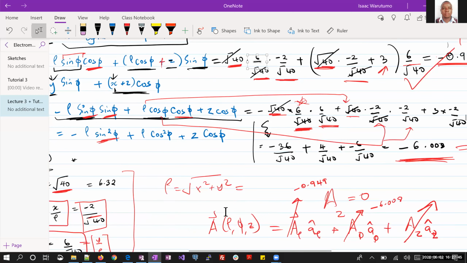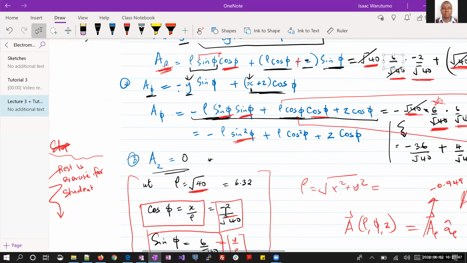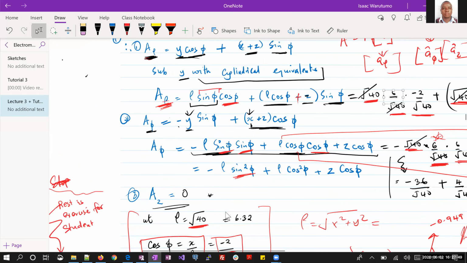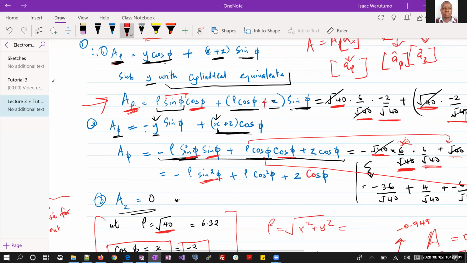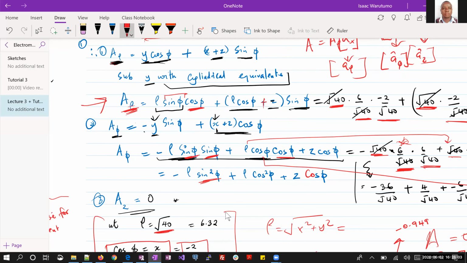I'll move very quickly. We have said that this is how we have developed this one, and I believe you don't have a problem there. I believe you don't have any question with regard to how we are doing this. So all we are saying is that we know that we have developed them here.